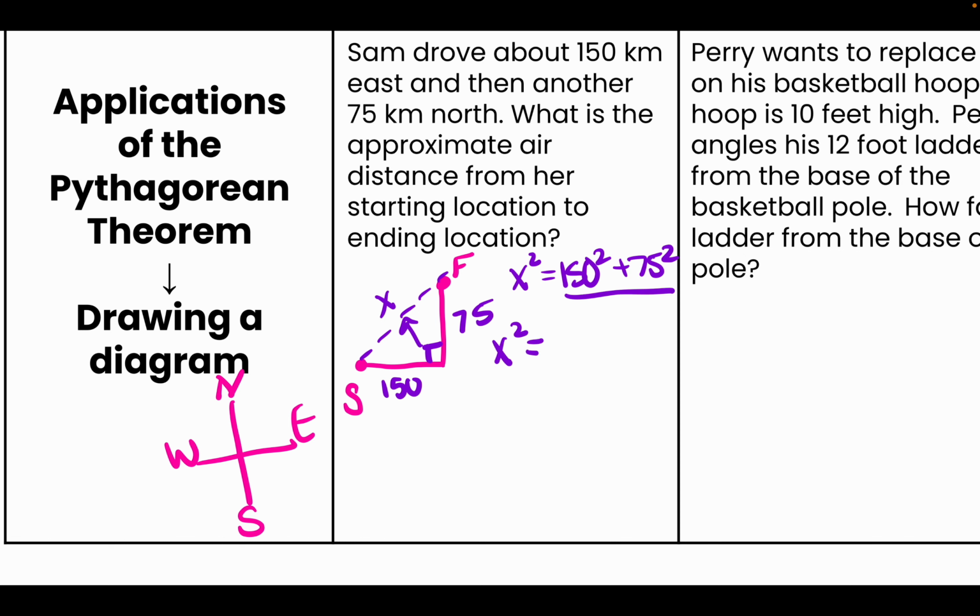We get x squared is equal to 28,125. Take the square root on both sides. We get x is equal to 167.7 kilometers.